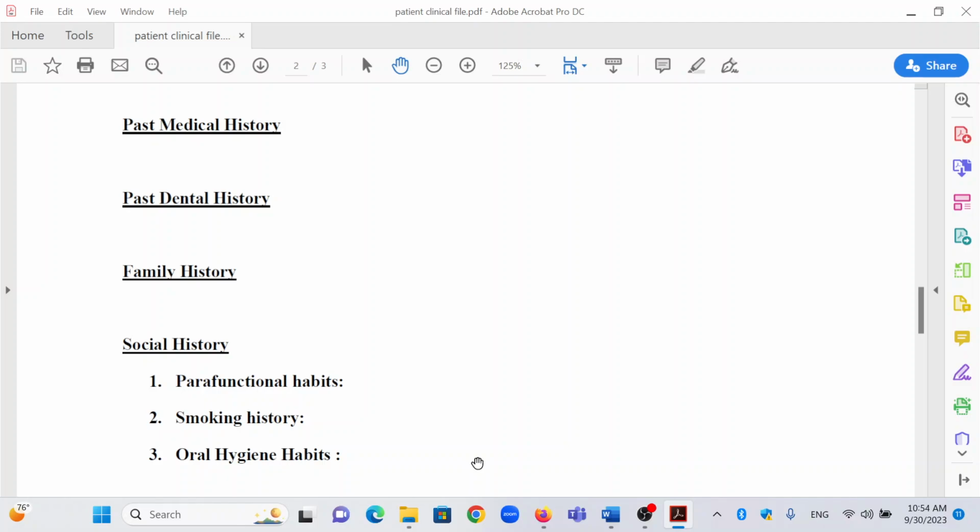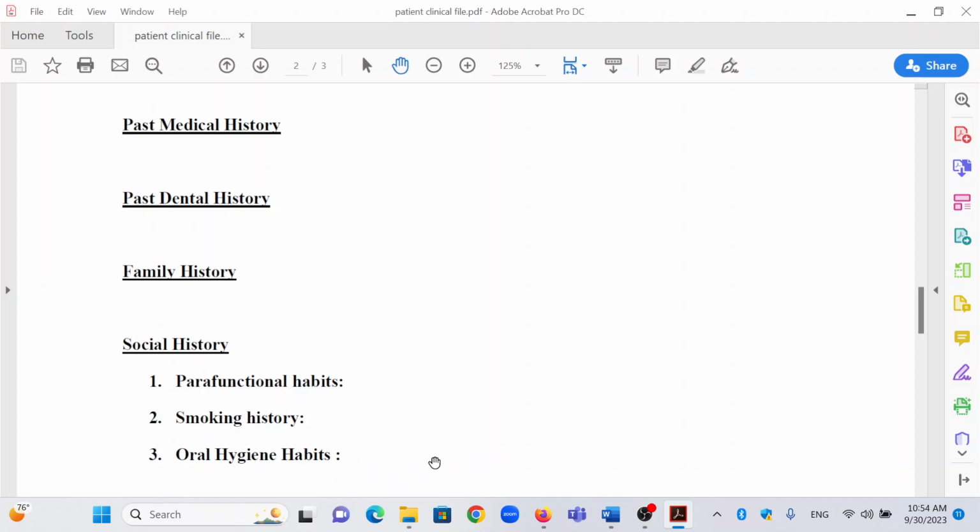So you just write down if the patient uses the toothbrush occasionally, once daily, twice daily, if the patient uses dental floss, mouthwash, or other auxiliary oral hygiene aids, like, for example, miswak, and so on. You write down these in the section of the oral hygiene habits.